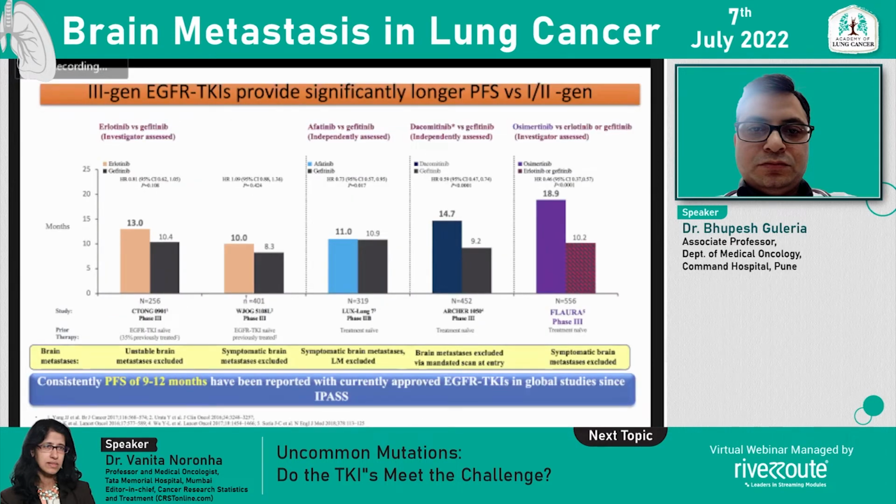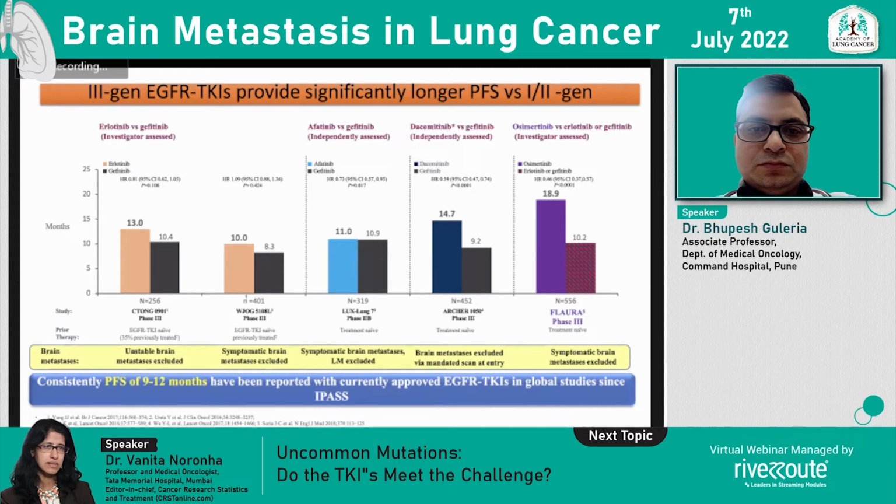Coming to the data we have with the anti-EGFR agent TKIs, these drugs have shown significant benefit when compared to conventional chemotherapy, and in mutant cases of non-small cell lung cancer, the benefit is much higher.